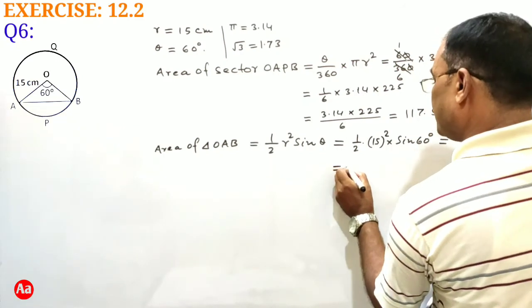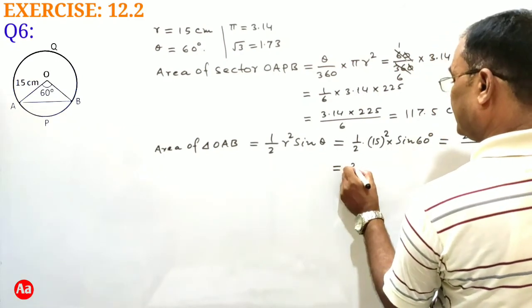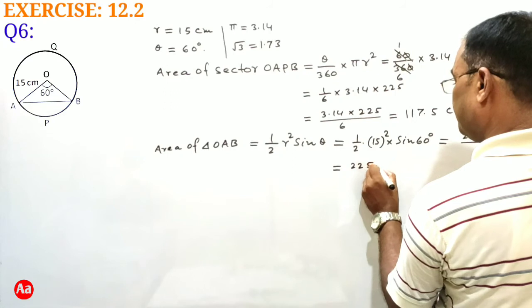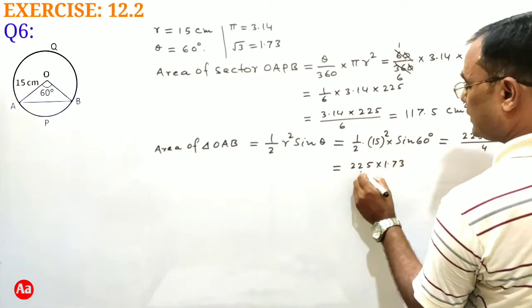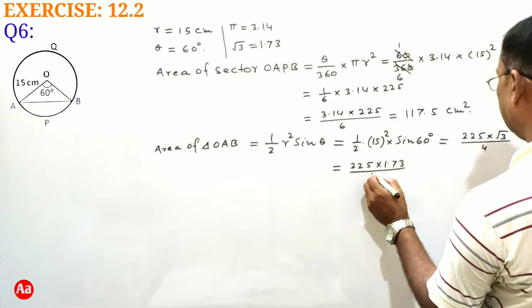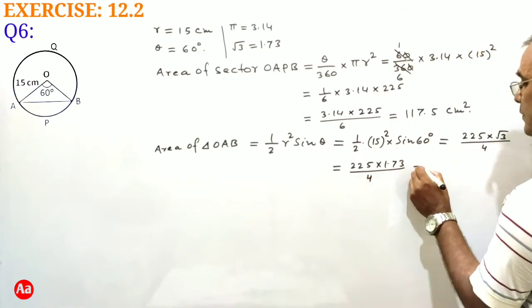This is equal to 225 into 1.73 divided by 4.